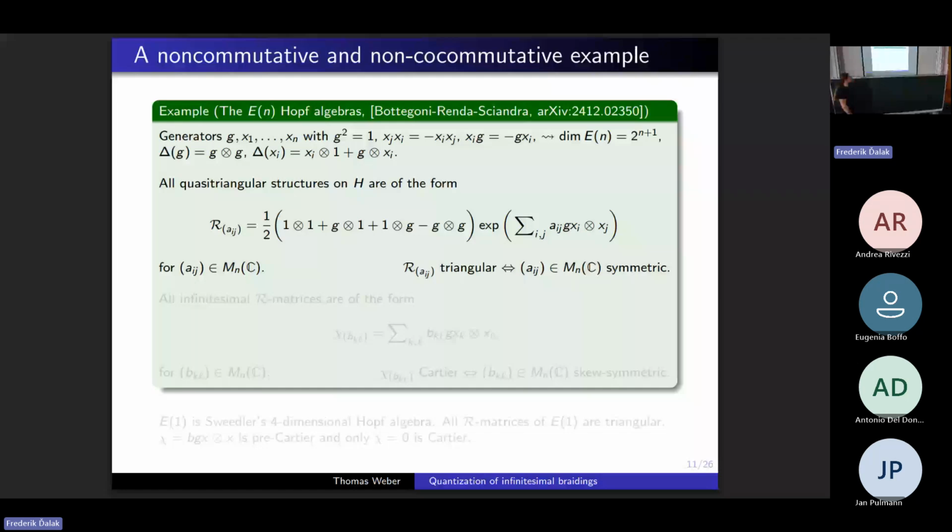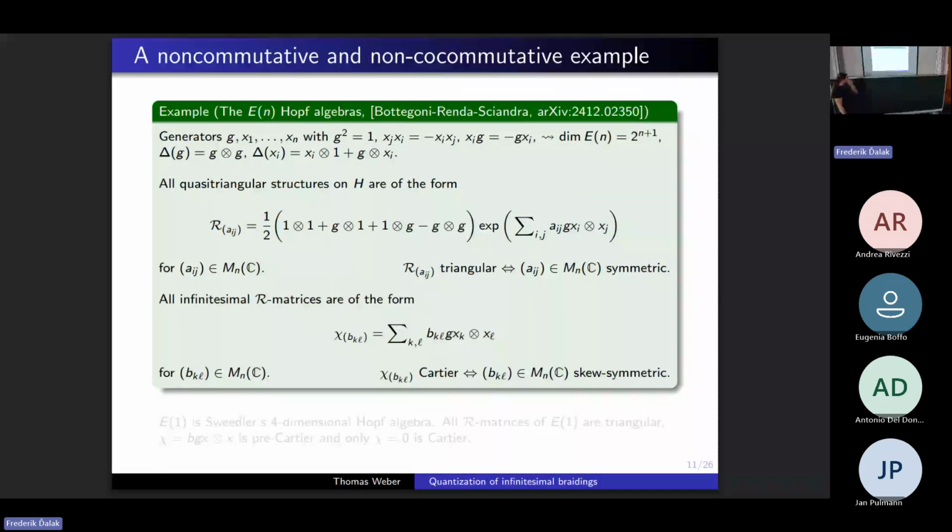You can show that this R is a triangular R matrix, corresponding to a symmetry, if and only if your input is a symmetric matrix. What we did is we also classified all infinitesimal R matrices, and they are of this shorter form. And you can show that they are Cartier if and only if the input is a skew-symmetric matrix.